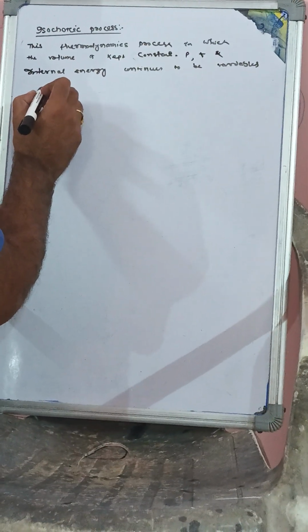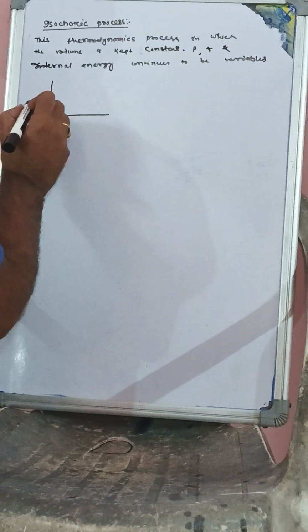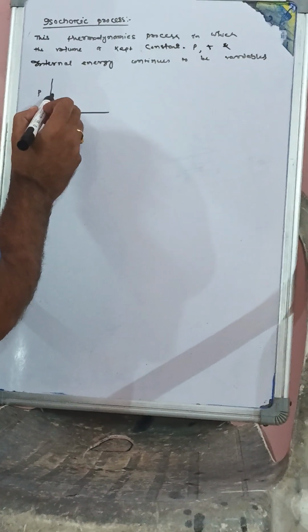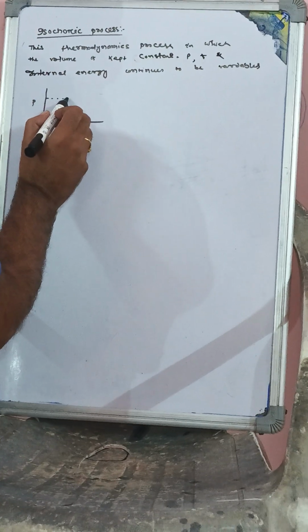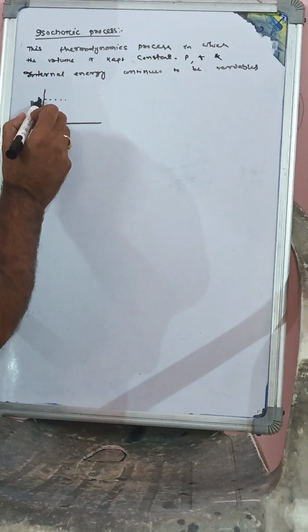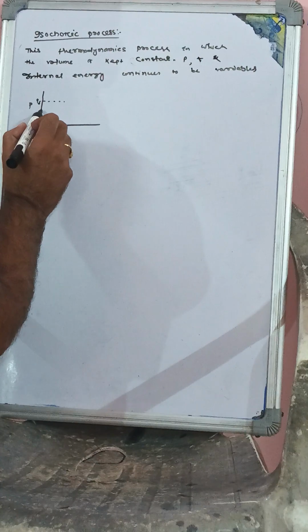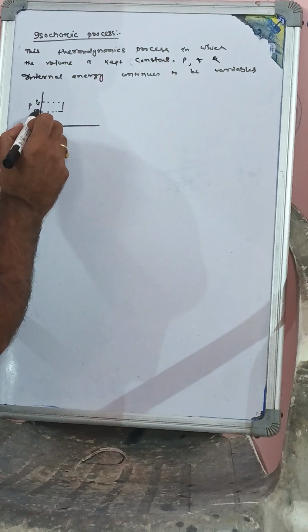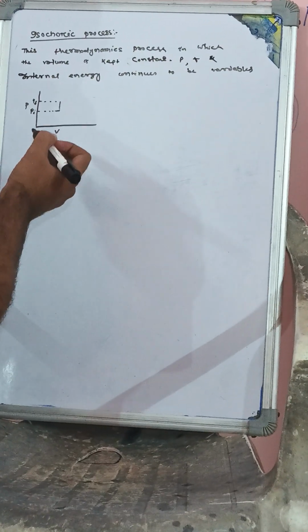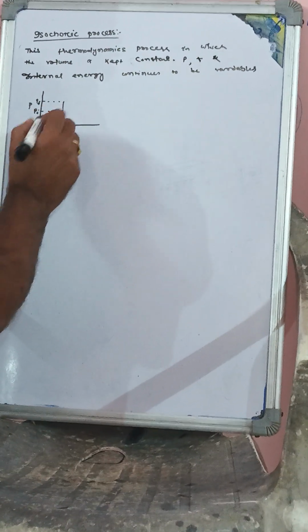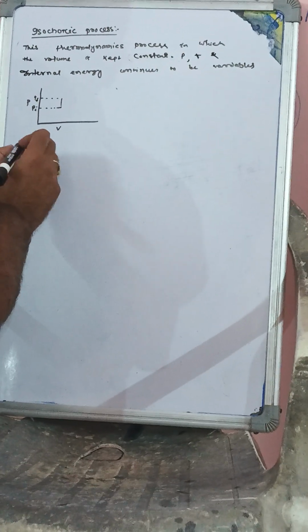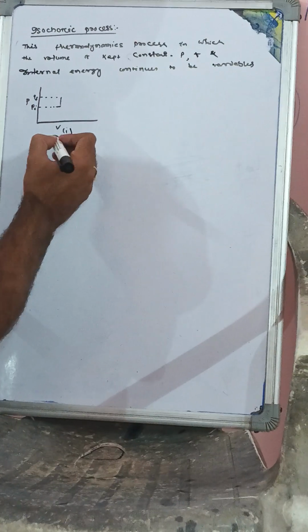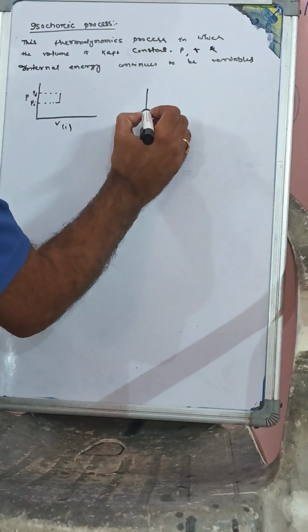So after this is the graph, the PV graph. In the PV graph, volume is constant in case 1 as well as case 2.